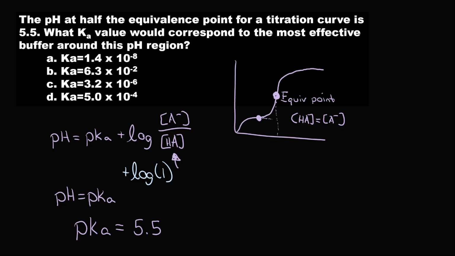So if we take the pKa of every single option given to you within our multiple choice answers, we see that letter A is around 7.9, B is 1.2, C is 5.5, and D is 3.3. So the answer is going to be letter C. And the idea is that the weak acid with the specific Ka value will be the most effective buffer around the 5.5 pH region.